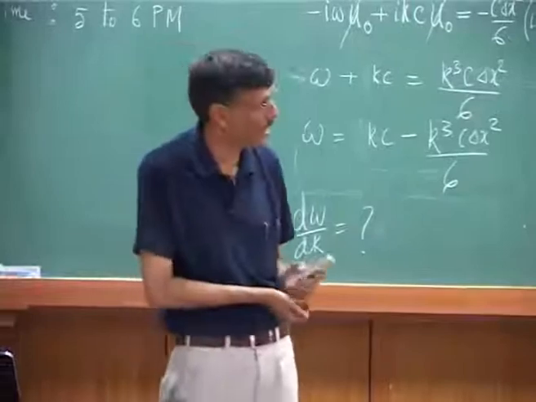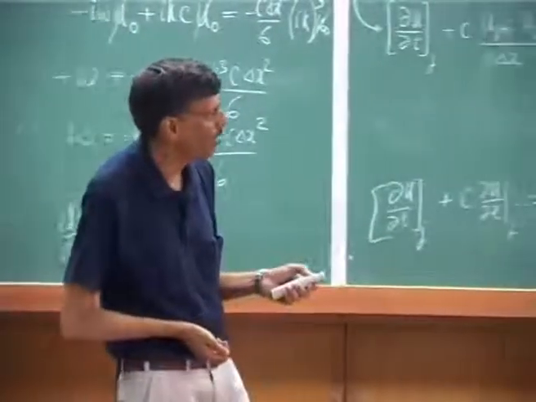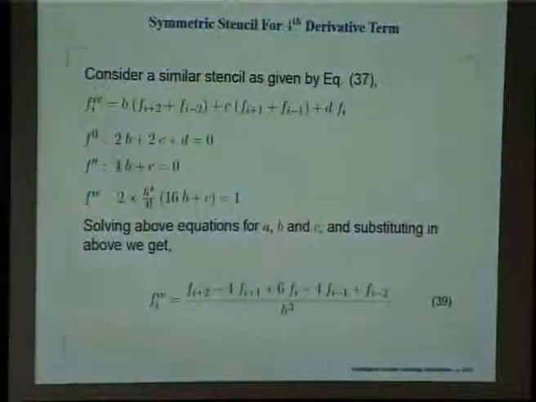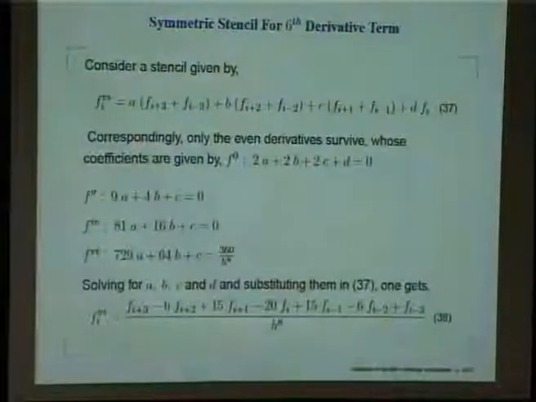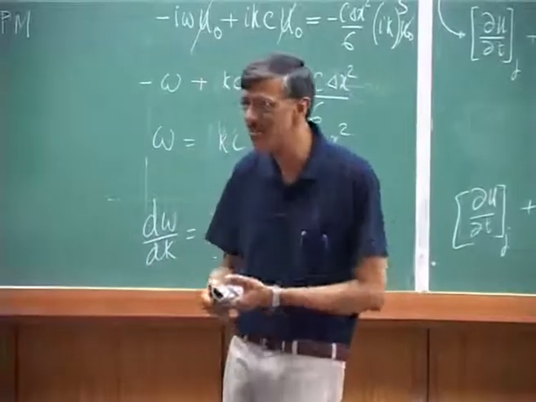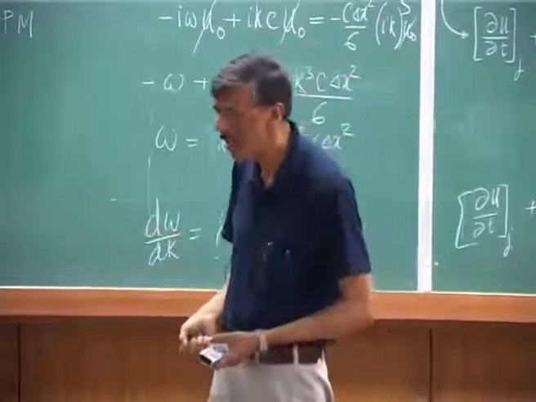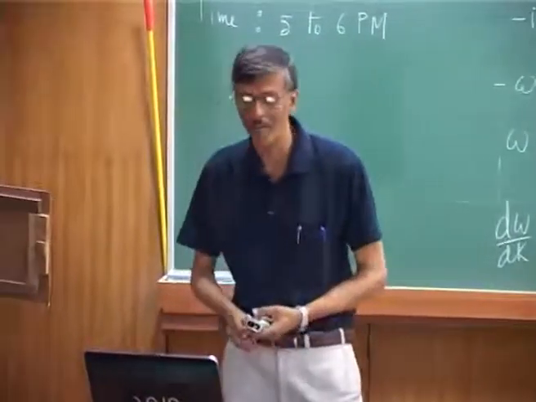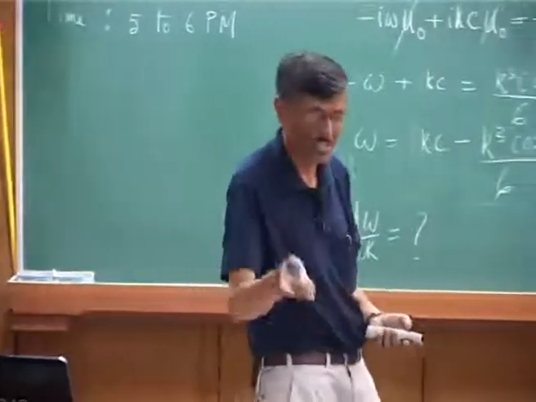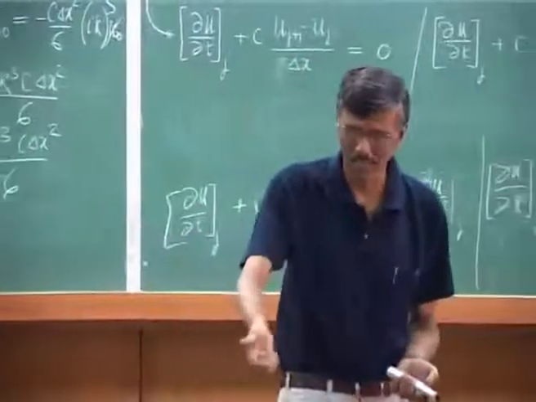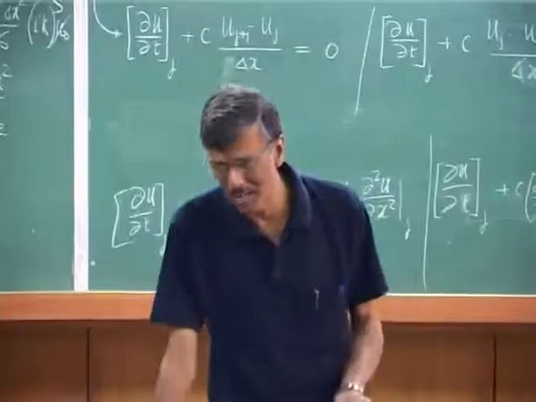We are trying to find expressions for, say, the fourth derivative here, or in the previous case the sixth derivative here. So, I may decide to take a symmetric stencil for, let us say, the first derivative, but application of the symmetric stencil on the first derivative gives me a method which is numerically unstable.